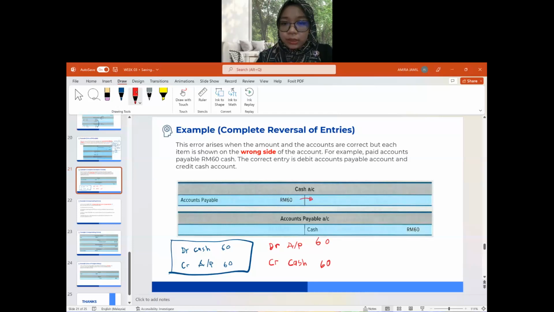This one should be here and this one should be here. Okay, but when you make this error, it will not affect your trial balance. It can still be balanced because the figure is correct, and both accounts have both debit and credit sides. But figuratively, it's still wrong.